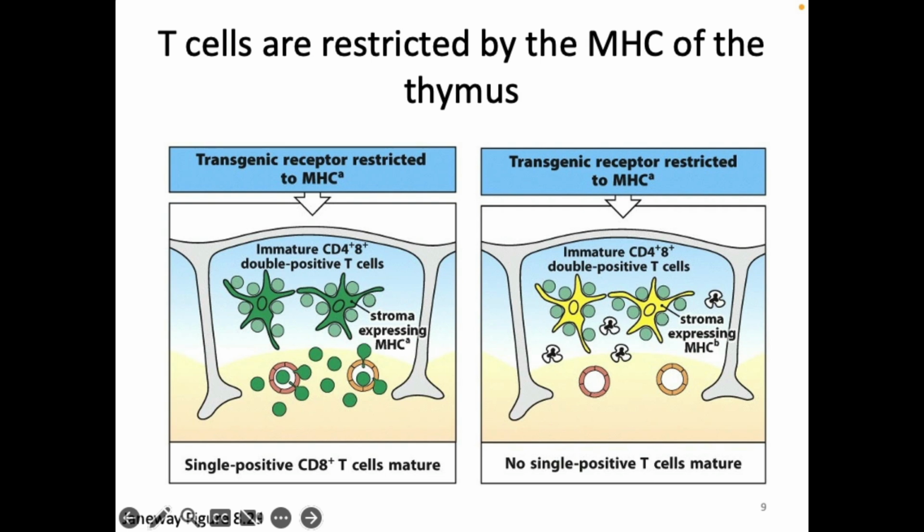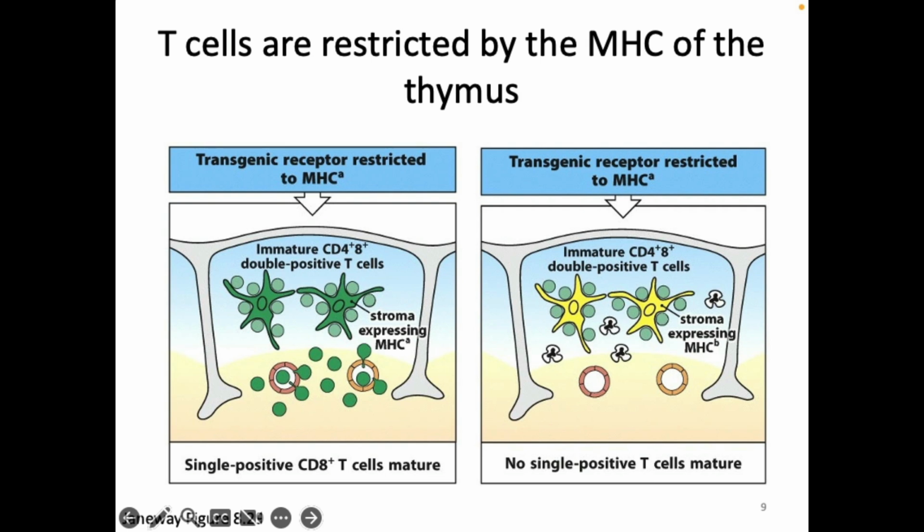They're going to get no signal. All those developing T cells are going to try really hard, see their green cells trying really hard to get a signal. But they're not going to, because this MHC type doesn't match the MHC that they recognize. And so they're all going to die. See, look at how sad they are undergoing apoptosis here. And so in the end, this mouse isn't going to make any T cells.